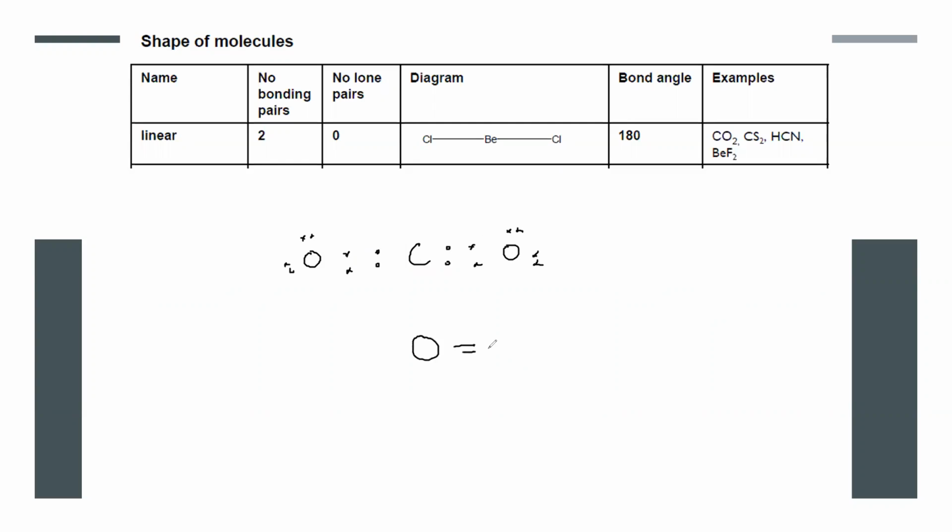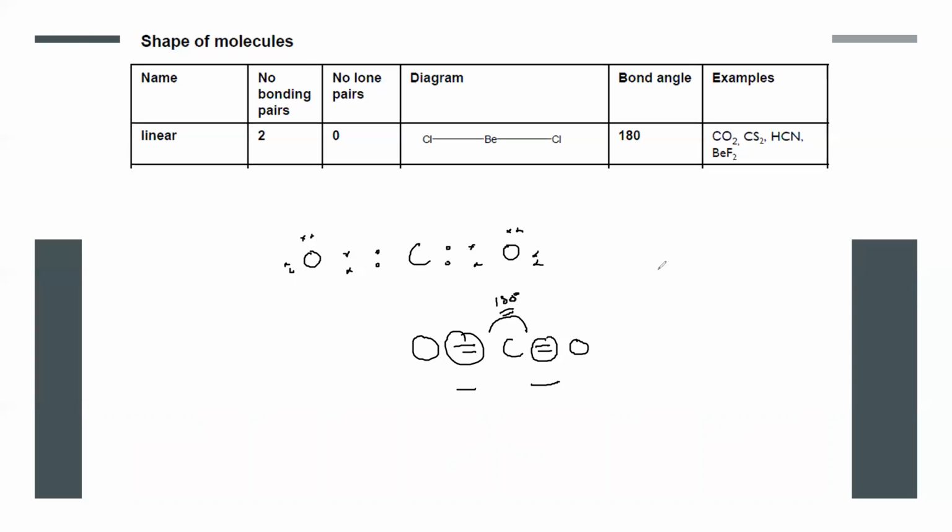When we represent it, there's a double bond between carbon and oxygen. When we are predicting a geometry, this double bond, because it's in one direction, we'll consider as 1, and this is also a double bond, considered as 1. So it makes 2 bond pairs and the bond angle will be 180. When the bond angle is 180, it will be linear.